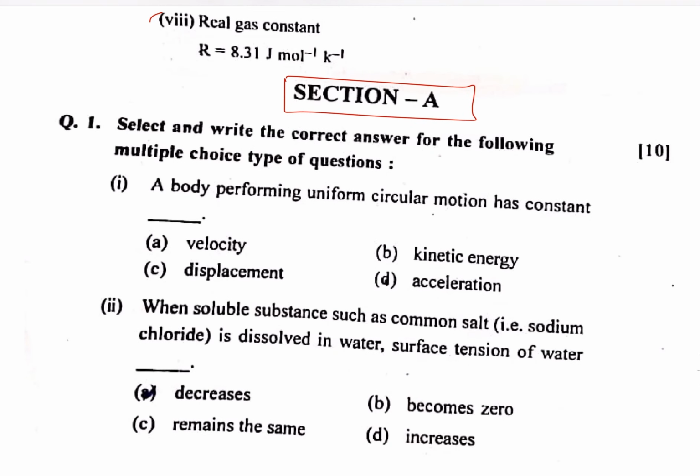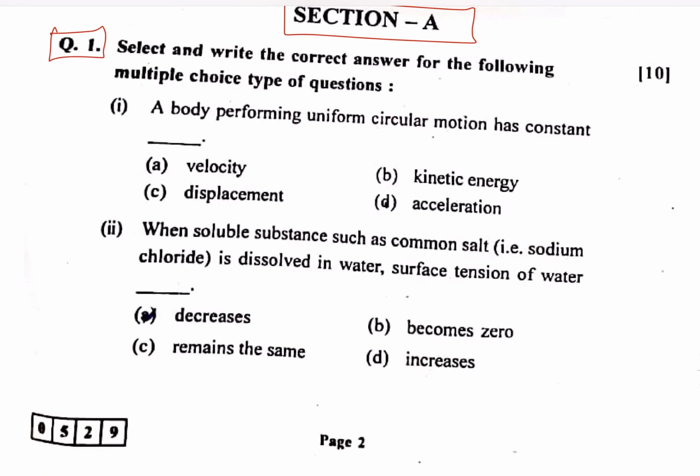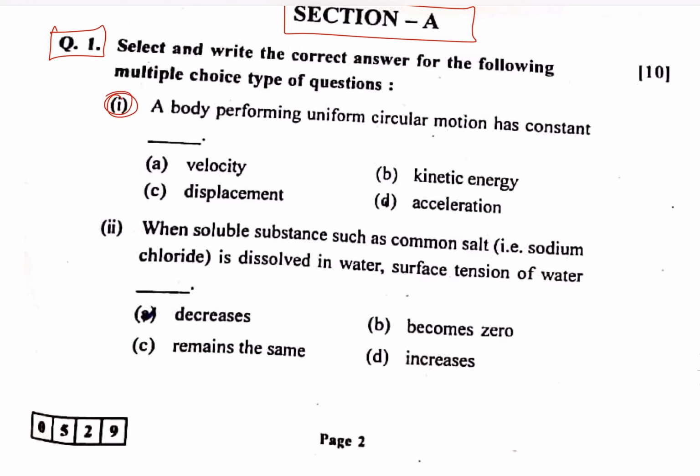Now question number 1. Select and write the correct answer for the following multiple choice type question. First question: a body performing uniform circular motion has a constant. Listen, uniform circular motion, in circular motion basically the direction continuously changes.